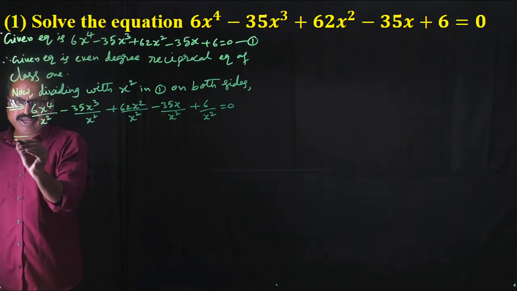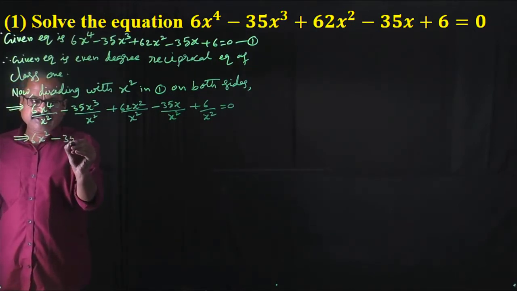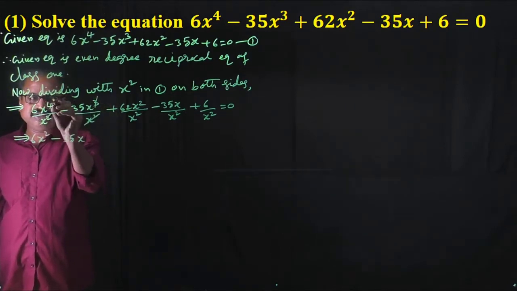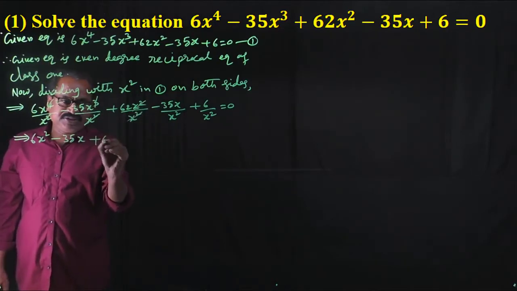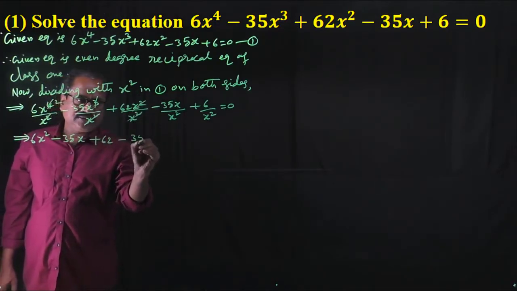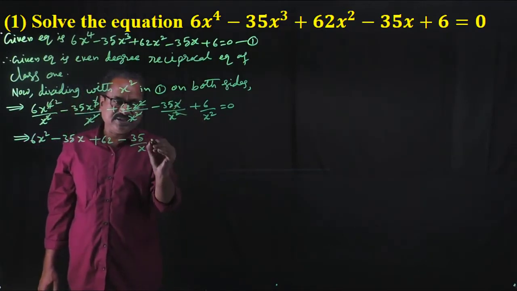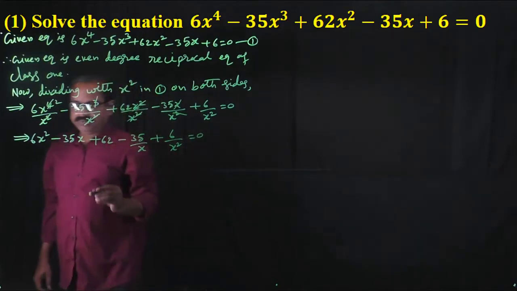So this implies 6x^2 - 35x, here x^2 gets cancelled, + 62 - 35/x, here also x gets cancelled, + 6/x^2 = 0.